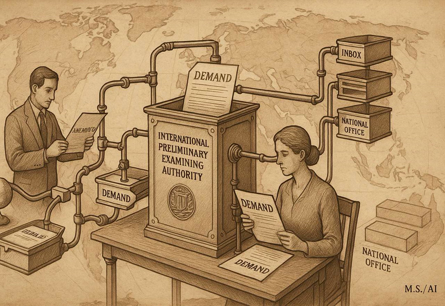Exactly. In that case, the IPEA uses a similar process. They'll invite the applicant to furnish the missing amendments. If you provide them within the time limit they set, then the examination proceeds considering those amendments. That seems less like a defect in the demand form itself and more like missing accompanying documents. It is slightly different, yeah. But the mechanism, an invitation from the IPEA to provide something missing with a deadline, is a common procedural tool in the PCT system, and this one is obviously closely linked to the demand process.